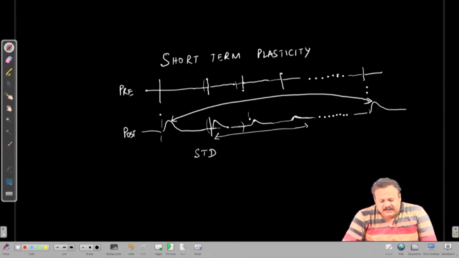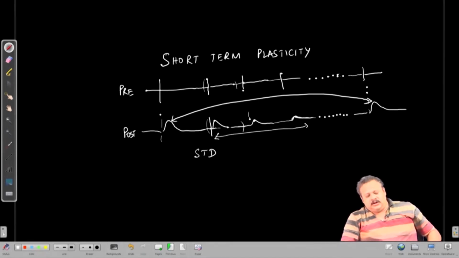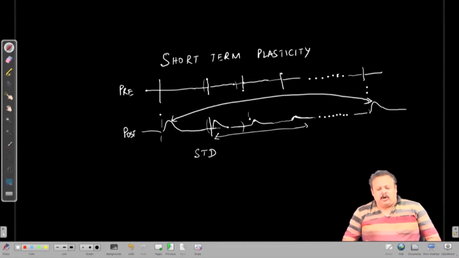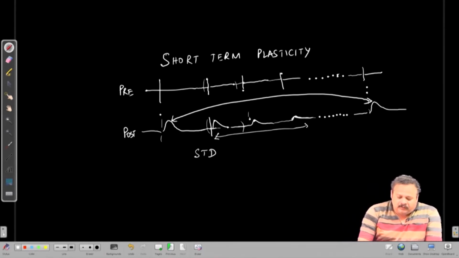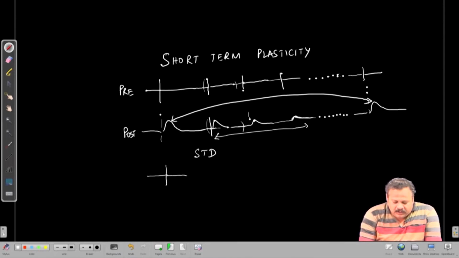So, it is not necessary that it will happen all the time, but in general many synapses can show short term depression, where subsequent spikes produce smaller sized EPSP, and there is a weakening of the synaptic strength. And obviously, this is also dependent on the gap between the spikes on the presynaptic side.